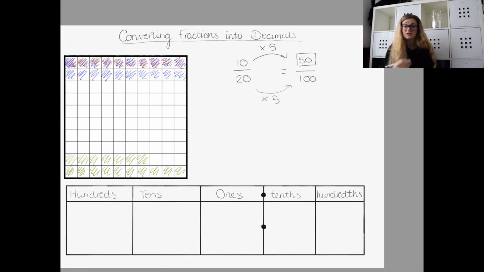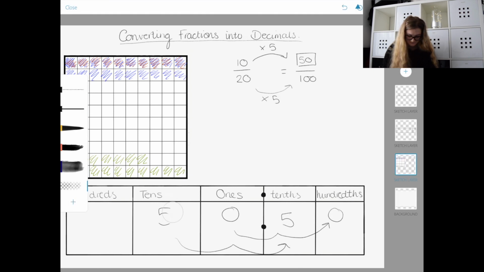So what I'm going to do is I'm going to do exactly the same as I did before. Put my number 50 in, and I'm going to move it 2 place value columns to the right. 1, 2, 1, 2, 5 goes in there, 0 goes in there. Now I'm going to rub out all of those other bits that I was doing, and I'm going to put my placeholder in the ones column.